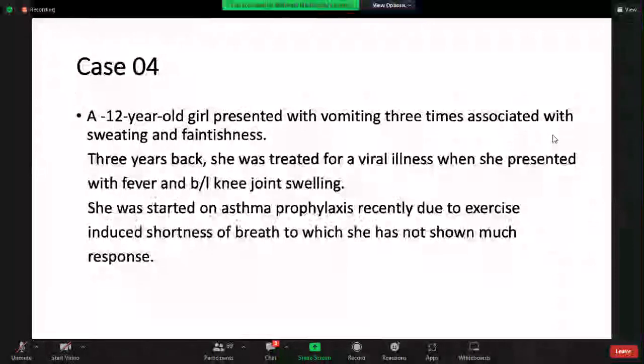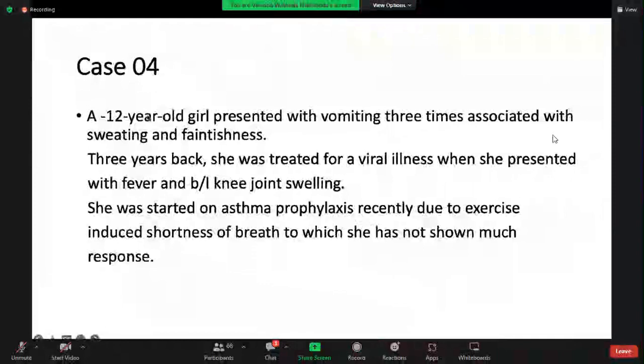Madam, in this case, she was treated for a viral illness, but this can be rheumatic fever.